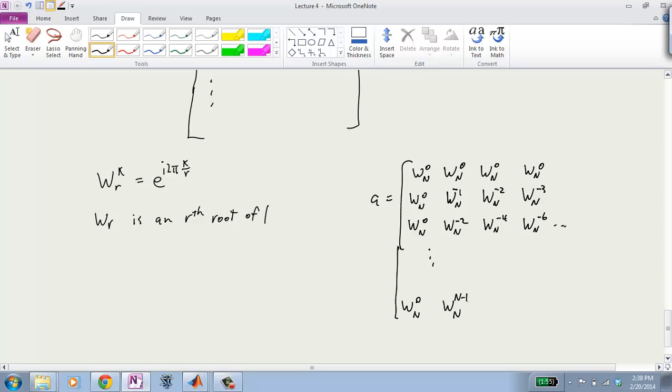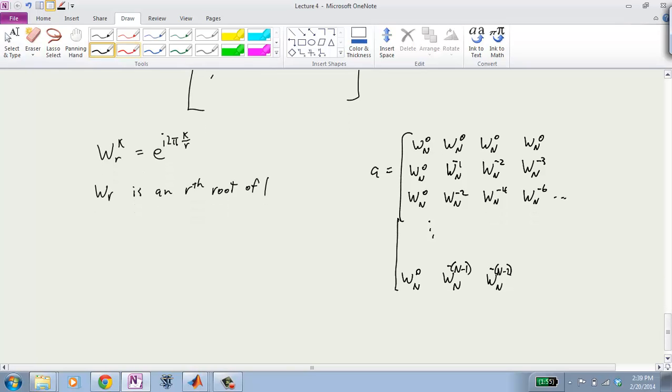And because it's periodic, W_n to the n minus 1 is equal to W_n to the minus 1. Oh, whoops, sorry, this equals W_n to the 1. That equals W_n to the 2, and so forth.